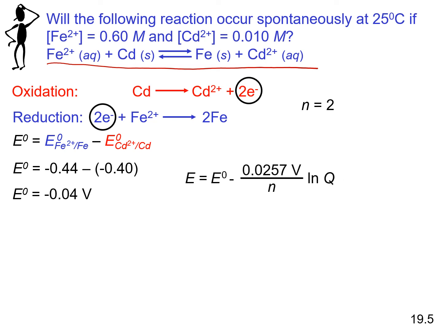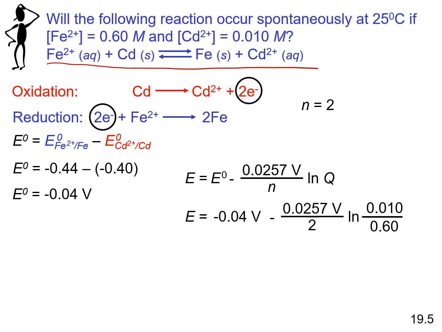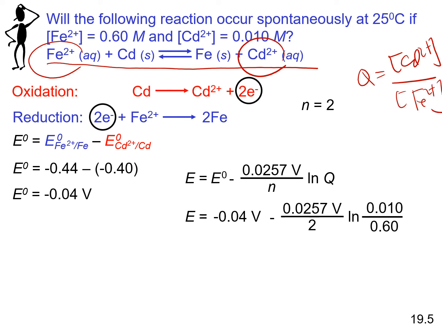Then we use the Nernst equation: E naught minus 0.0257 over n ln Q. Our Q, because we don't include the solid in the expression, is just the ions: the concentration of cadmium 2 plus over the concentration of iron 2 plus. We exclude the solid because it's part of the constant.